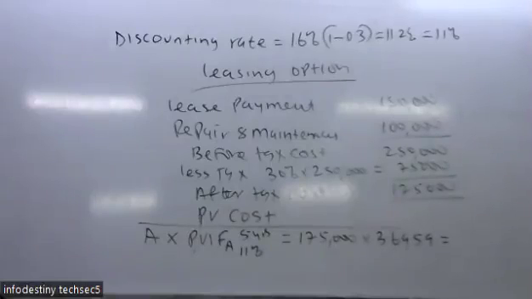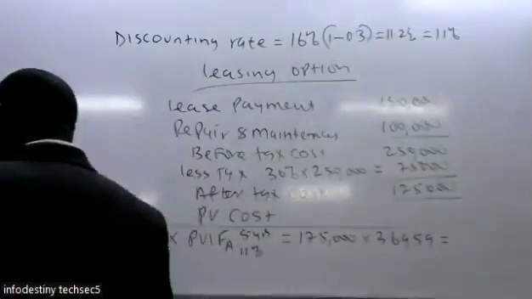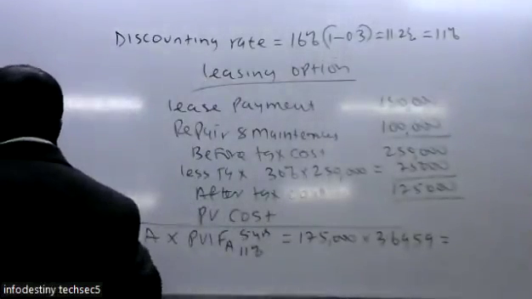But they also gave you some more information under the lease. After you have used the machine, they gave you the option to exercise and buy. So we also factor in the exercise of the option.